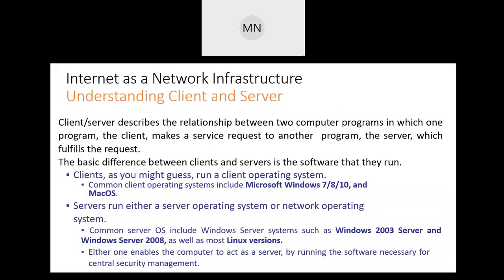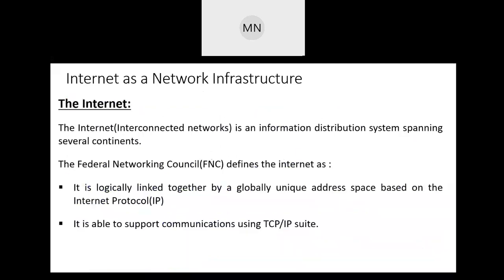So far we have discussed what a network is and the basic terminologies that come across in the network. Now we will see the internet. Internet will be considered as one of the infrastructure, or the medium through which we can establish the network for communication purpose.